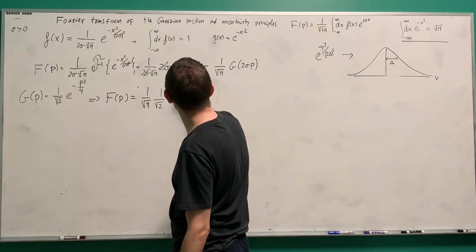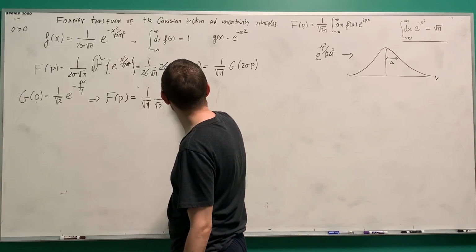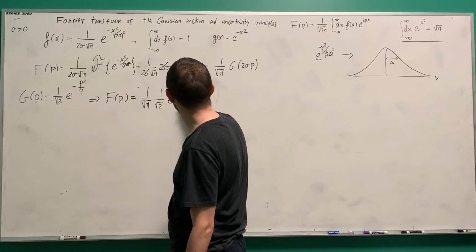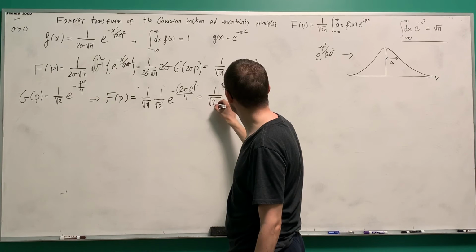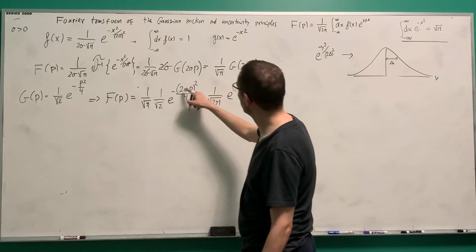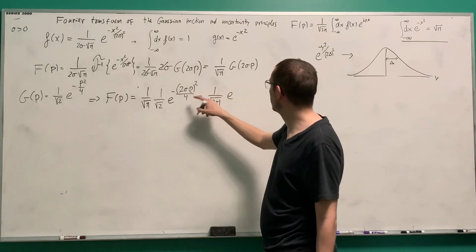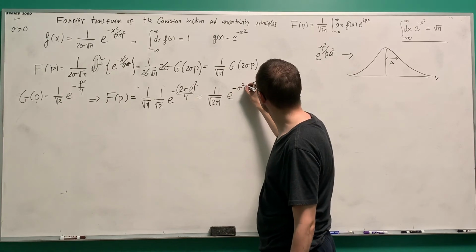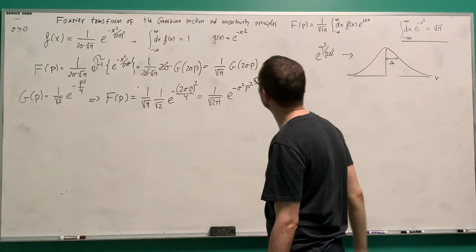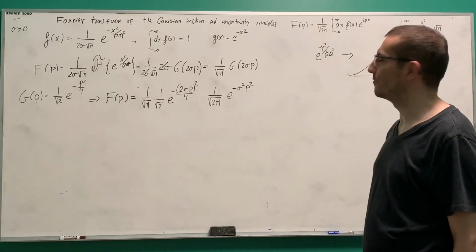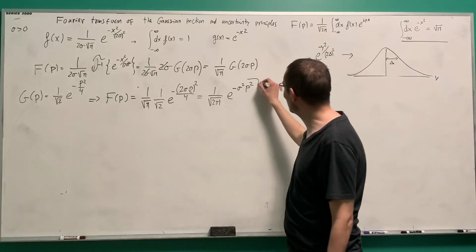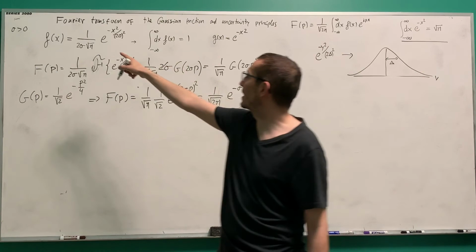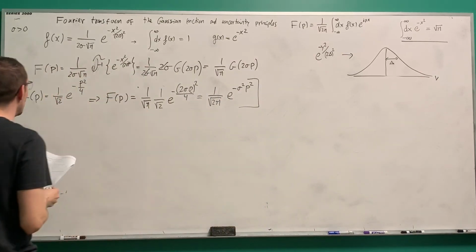So p squared would be 2 sigma p squared divided by 4. Simplifying, I get 1 over root 2 pi exponential, the 2 squared cancels the 4, of minus sigma squared p squared. Wonderful. All right, so this is the final result in terms of getting the Fourier transform of f of x.